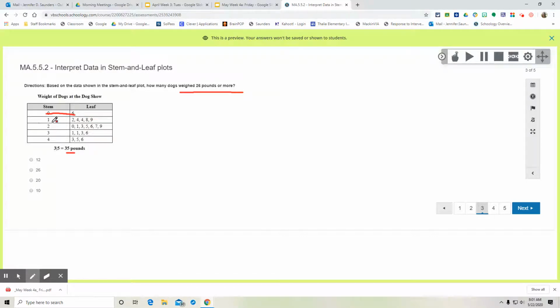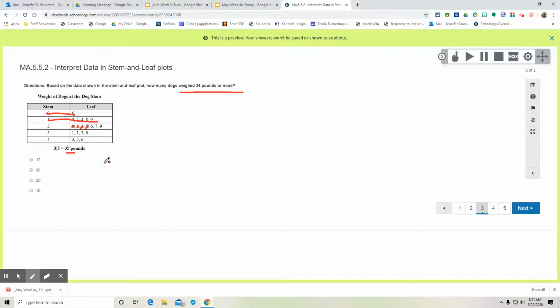Anything with a 1 in the 10s, I'm not counting. Anything less than 26. So I'm not counting 20 pounds, 21, 23, or 25. This time I do include 26 because it's 26 pounds or more.